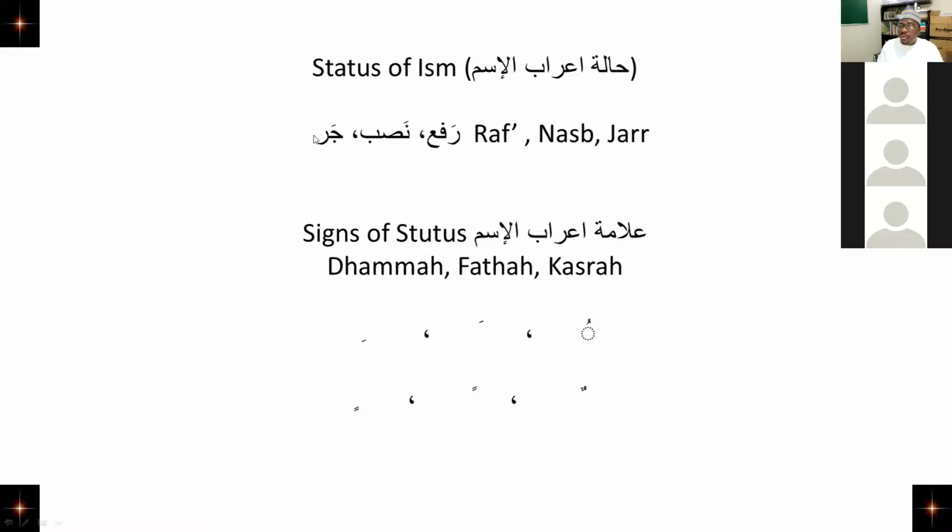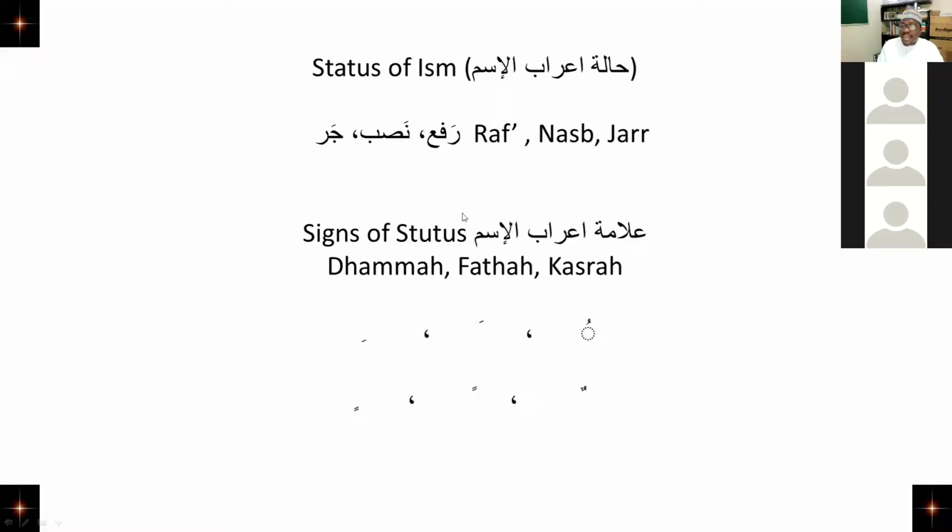Now, brother Rabi, you know now why you cannot say Dhamma means Rafa. You can't say that because of a lot of reasons. One of them is what I'm giving you now. Just take that note, and as we go forward, you will get to know more why Dhamma is not Rafa, Nasb is not Fatha, and Kisra is not Jar.